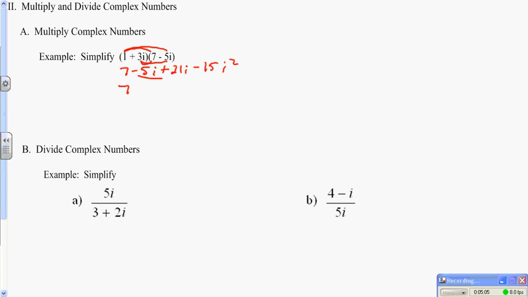These are considered like terms, so that is a positive 16i, and i squared is equal to a negative 1, so this will become plus 15. Again, we have like terms. That is 22 plus 16i.